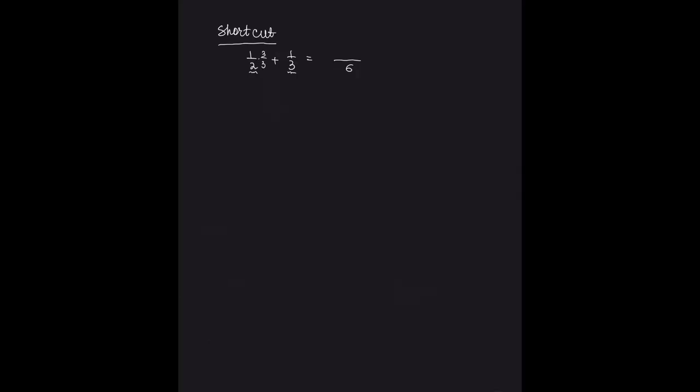So we would multiply 1/2 by 3/3. And in order to get 6, we would need to multiply 3 by 2. So we would multiply 1/3 by 2/2. And so in the end, we would get 1 times 3 plus 1 times 2 in the numerator, which is 5. So in the end, we would get 5/6.